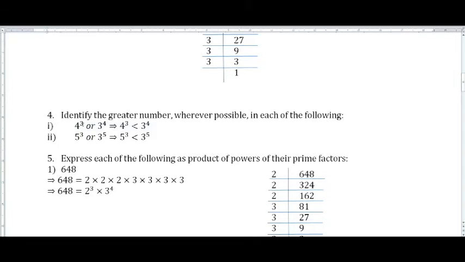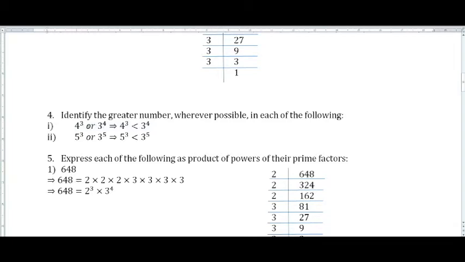Here 4 to the power 3 and 3 to the power 4 are given. Here 4 is greater than 3. Actually, the numerical values of the bases are different and 4 is bigger, but that bigger number has the lesser exponent. That means 3 to the power 4 is greater than 4 to the power 3.